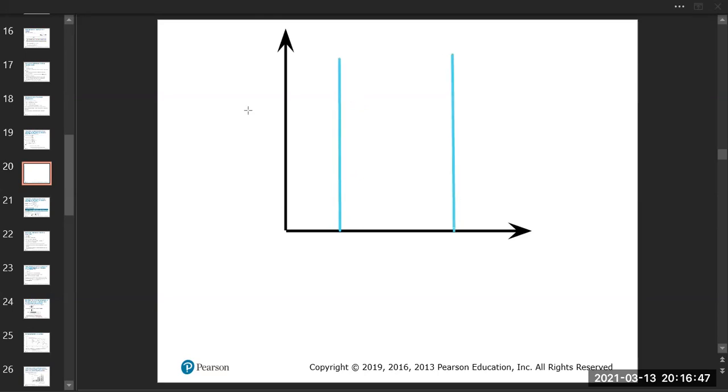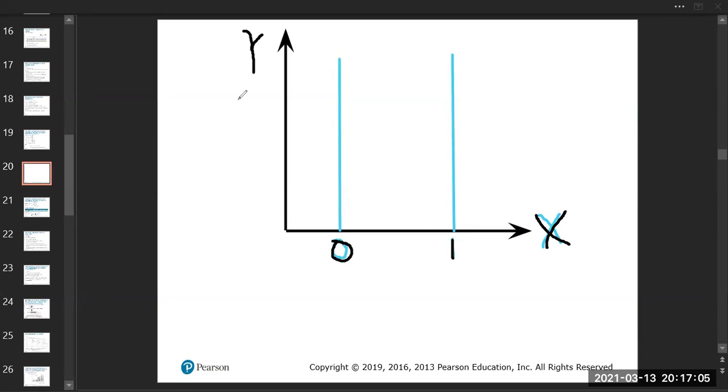This is 0, this is 1, this is x, and this is y.